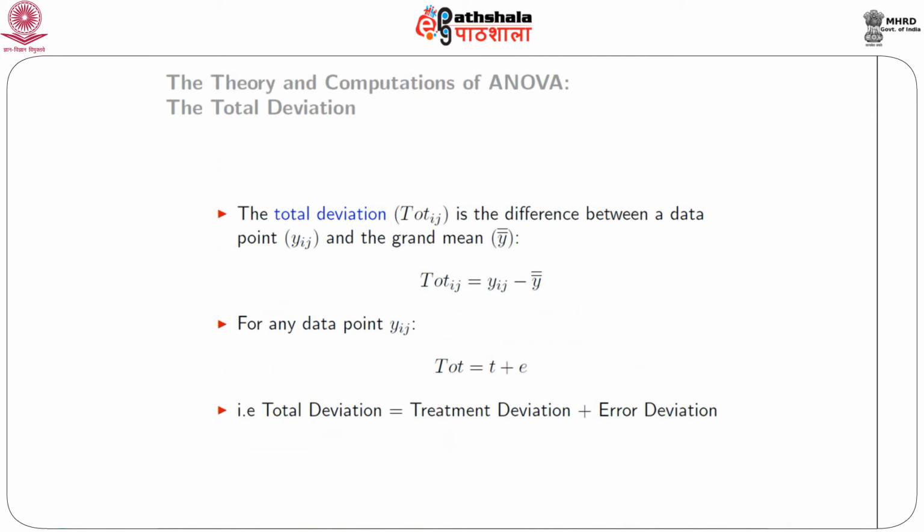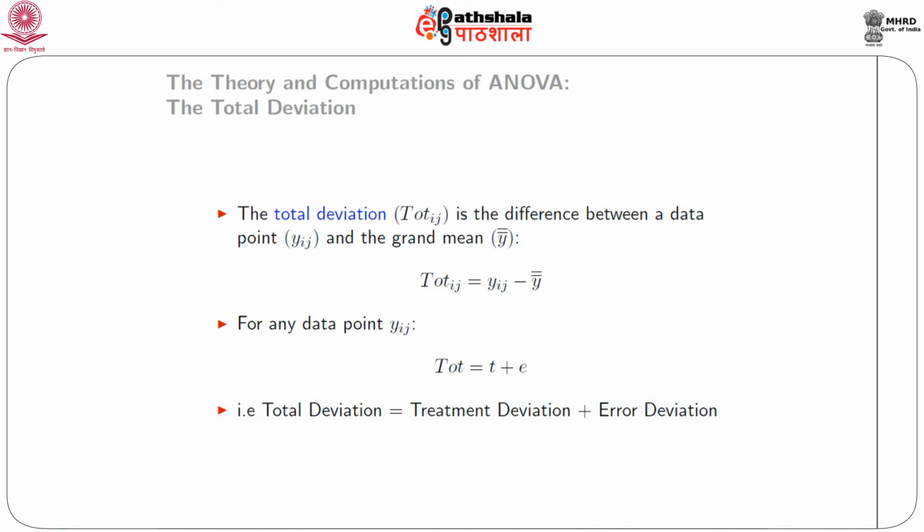Now, we define a quantity called total deviation, which we shall write tot ij. Tot ij means the difference between a data point and the grand mean, yij minus y bar bar. You understand that if there are two subscripts, then we can write the overall mean as y bar bar. If there are three subscripts, we have to write y bar bar bar.